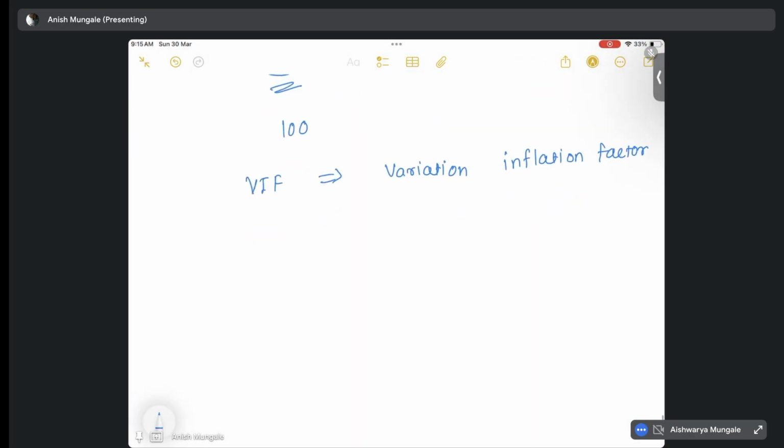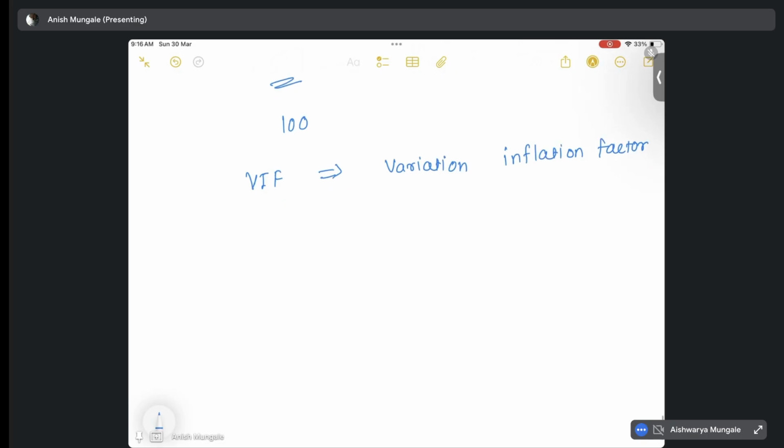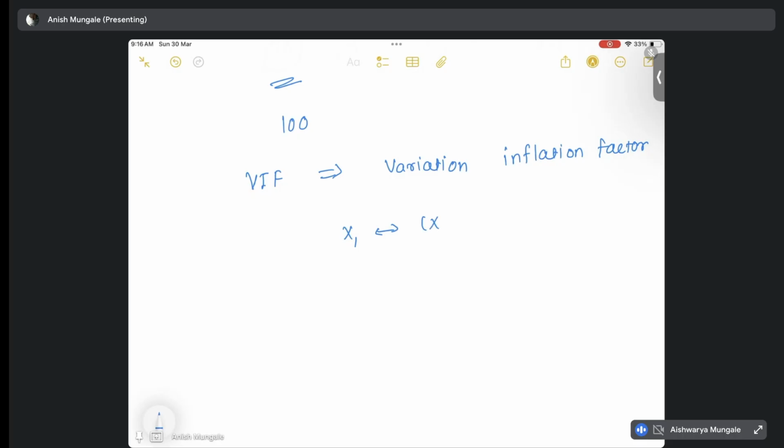So in order to check if x1, x2, x3, x4 are independent, what we will do is create models like this. x1 against x2, x3, x4. So we will try to predict x1 using the other features.